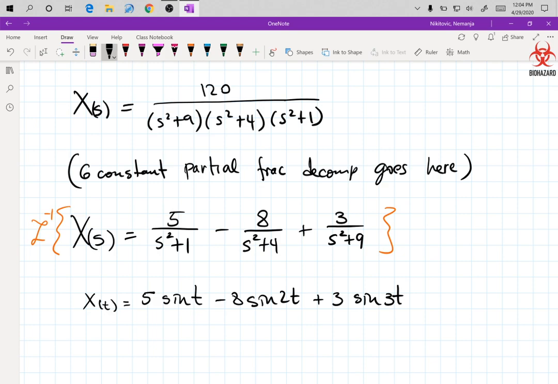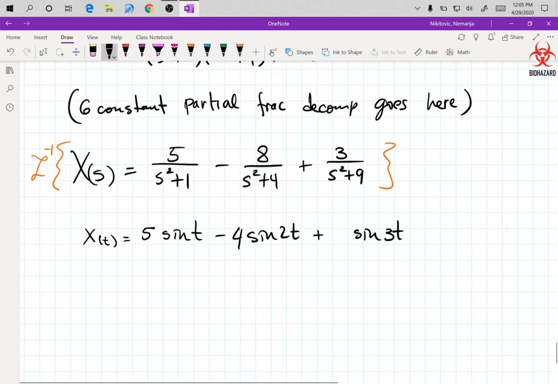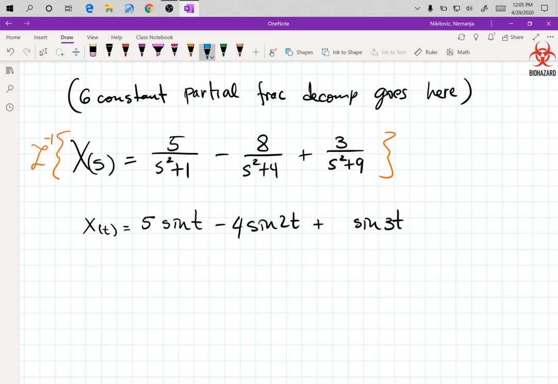Oh no. These constants are wrong. This constant is 2, this one is 4, because your transformation is k over s squared plus k squared, which gives you sine kt.